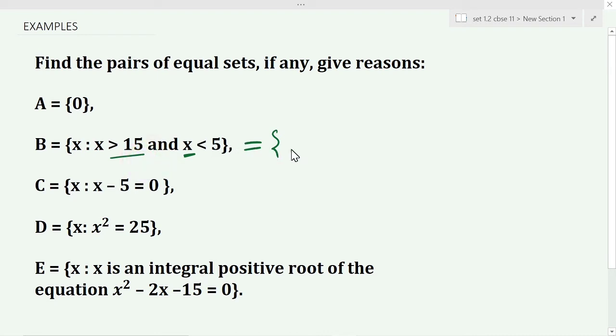So set B does not contain any element, so we can say that set B is an empty set.